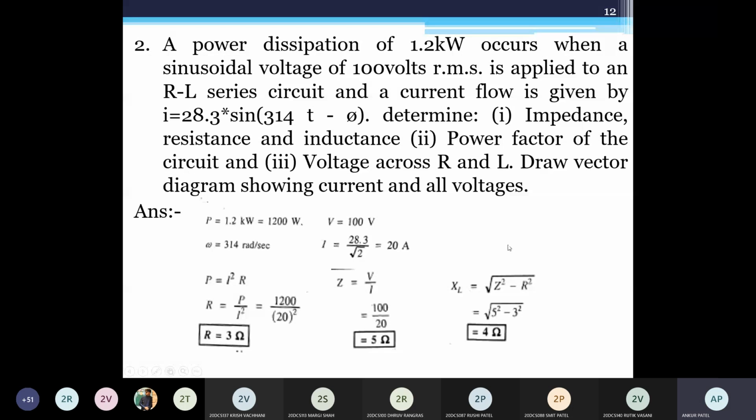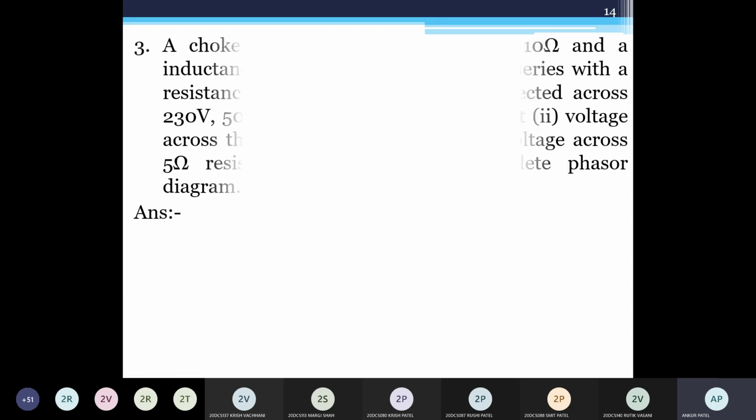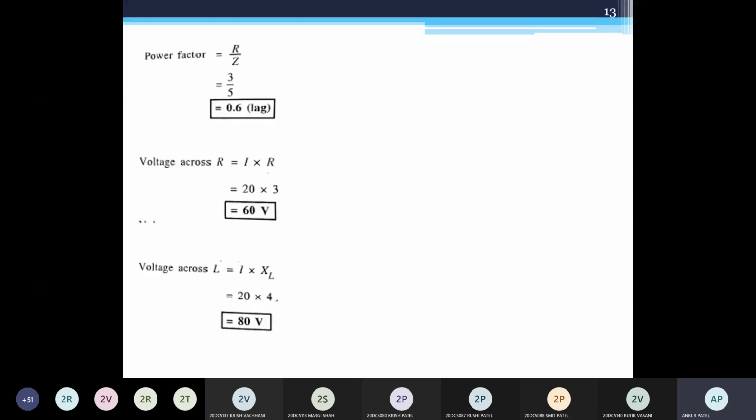So what are you getting for L, the inductance? 12.7 millihenry. Just check it. Okay, this is the power factor. Here, is it given or not?